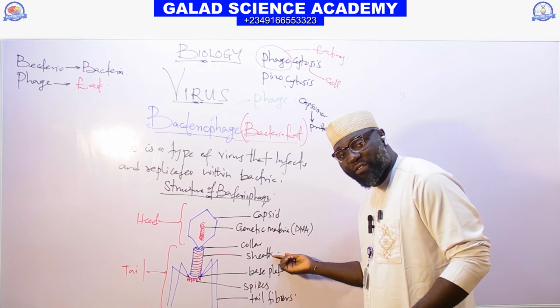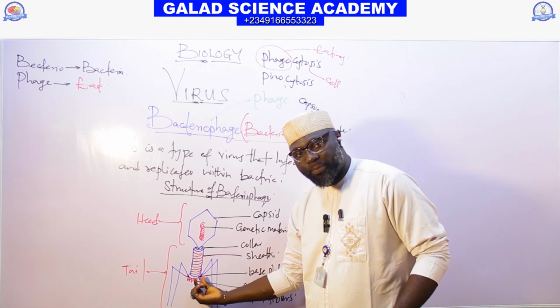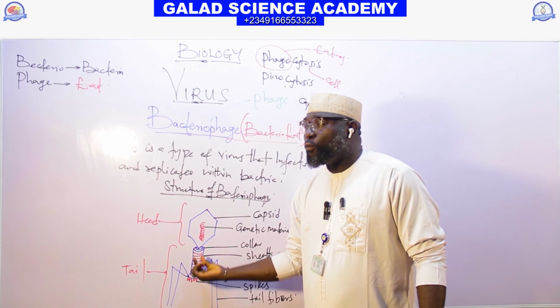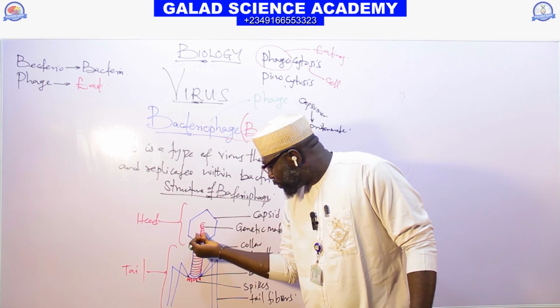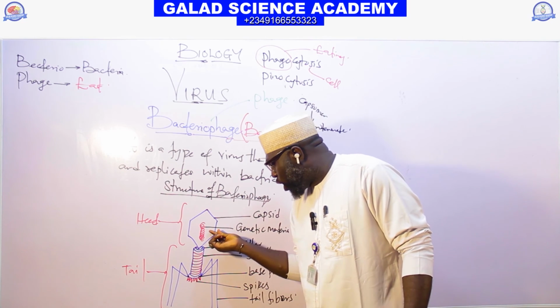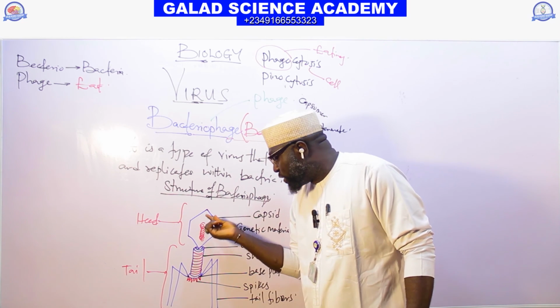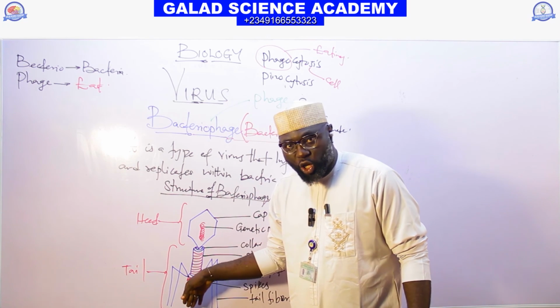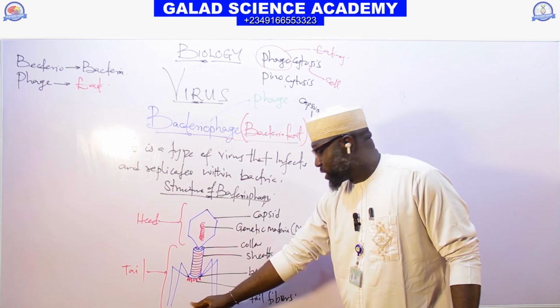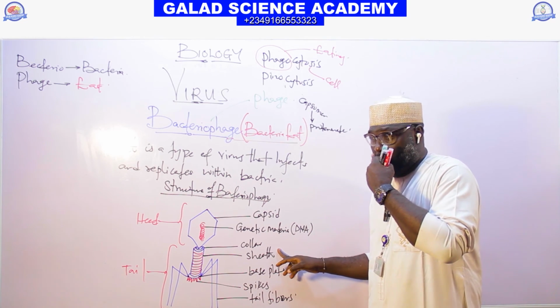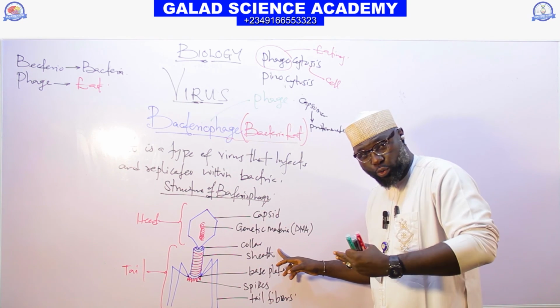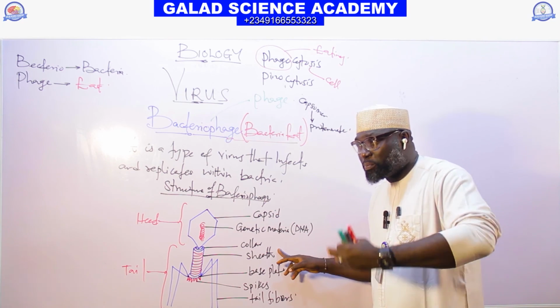And this sheath we have here is a hollow space used for the passage of DNA from the collar edge of the virus into the host. It's a hollow tube used for the passage or injection of genetic material.